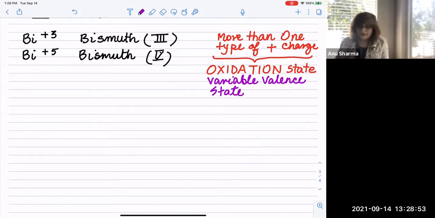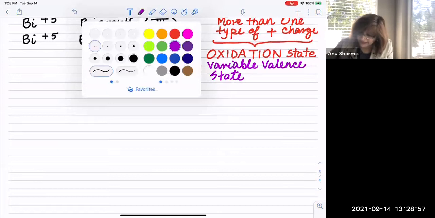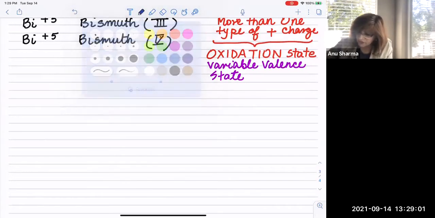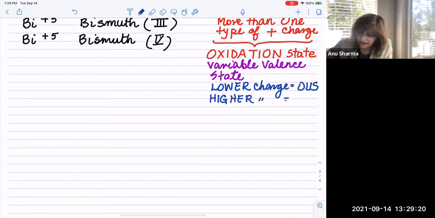Another thing that is very important is the lower oxidation state. The lower number of charges ends in -ous, and the higher number of charges ends in -ic.